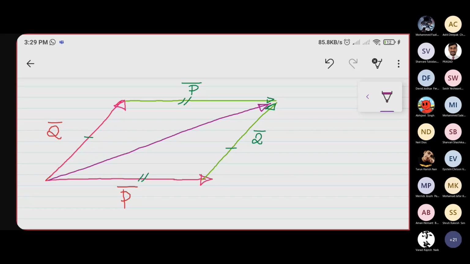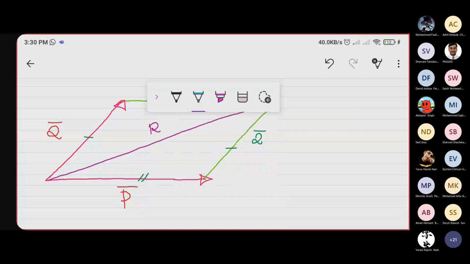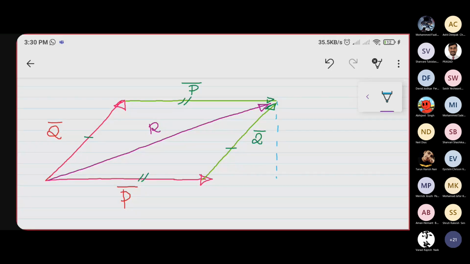So what they are saying, this diagonal, whatever I have drawn, will give a resultant force for the two forces, that is P and Q. To prove that, I am going to put a perpendicular at a corner.